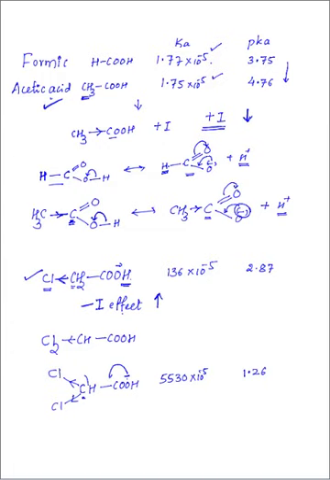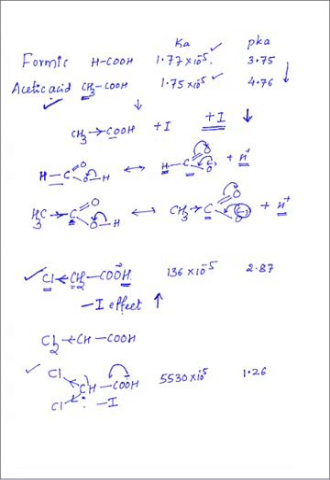So as compared to acetic acid, chloroacetic acid is more acidic, and dichloroacetic acid is more acidic than chloroacetic acid, because the negative inductive effect still more increases. So as the negative inductive effect increases, acidity of carboxylic acid increases. Positive inductive effect increases, acidity of carboxylic acid decreases.